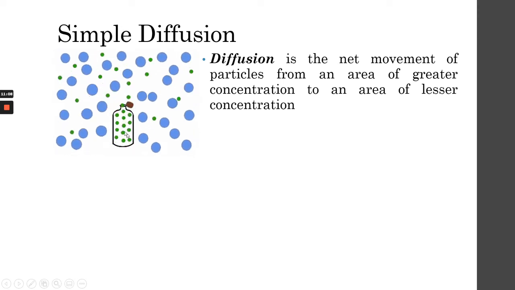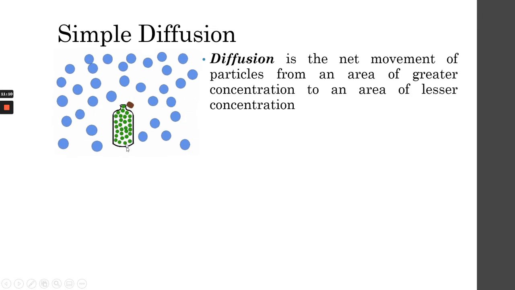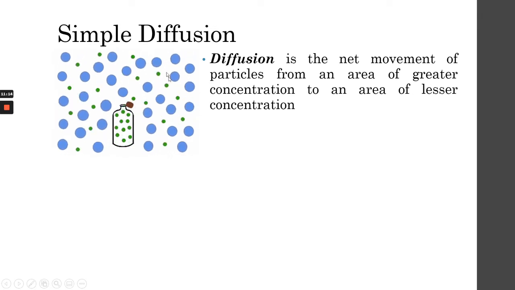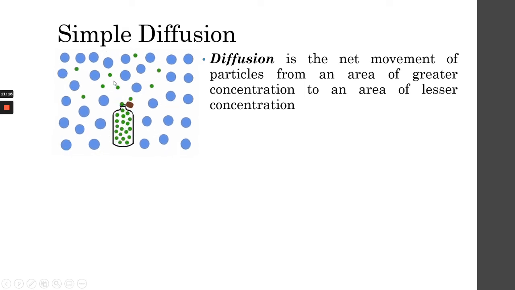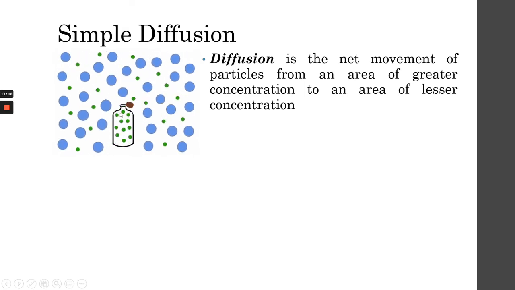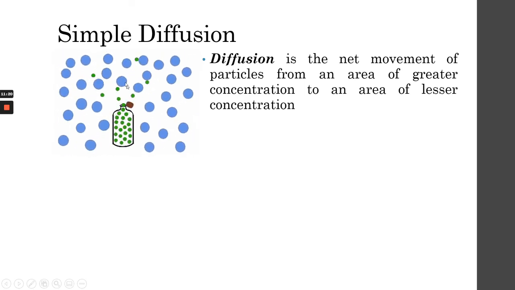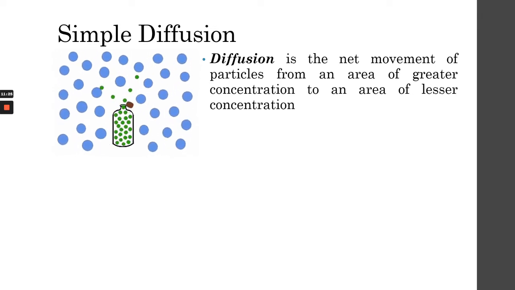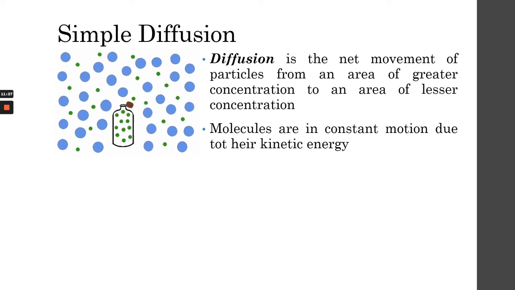That is because there is more concentration of that perfume in the bottle and less in the surrounding room. So what happens is that they will start to diffuse, to come out, until your room smells like the perfume. So that is what we call diffusion.